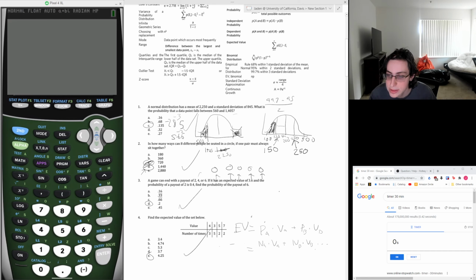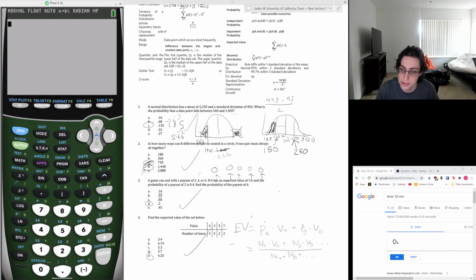Then you divide it by the sum of all the numbers, NA plus NB plus and so on. That gives you the equivalent. It's the same formula for expected value; mathematically, it works out to be the same.